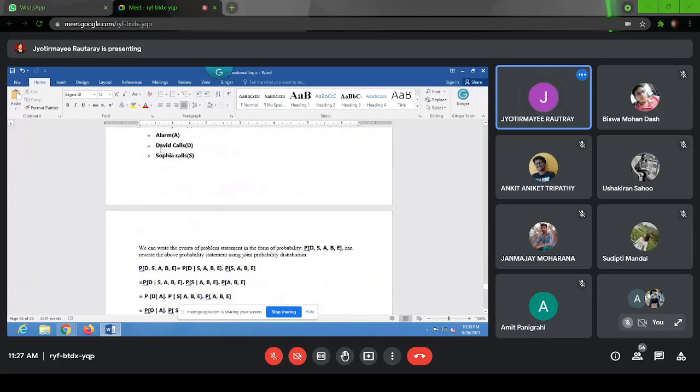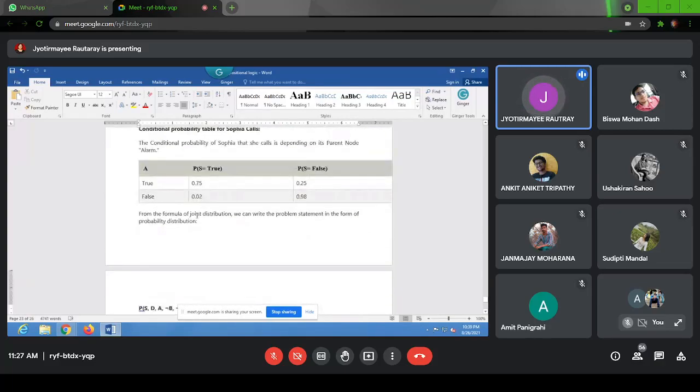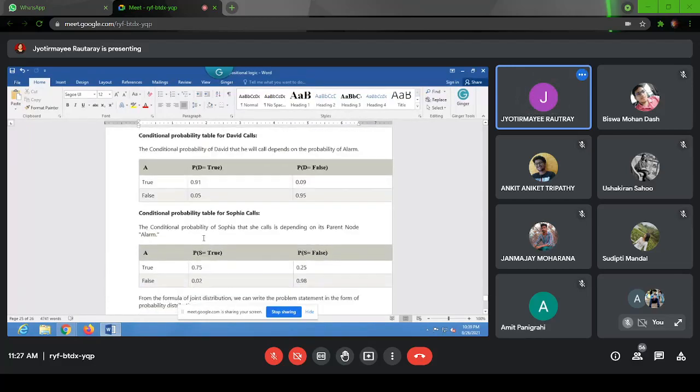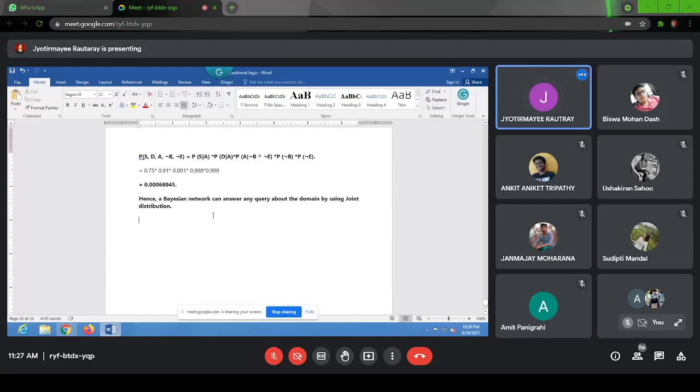Who is D? David calls where the alarm has occurred, so we have to go for the probability of D. Yes, 0.91. The probability of A we have calculated for S and D. Yes, the probability of A given negation of B and negation of E. Why have I given negation of B and negation of E?